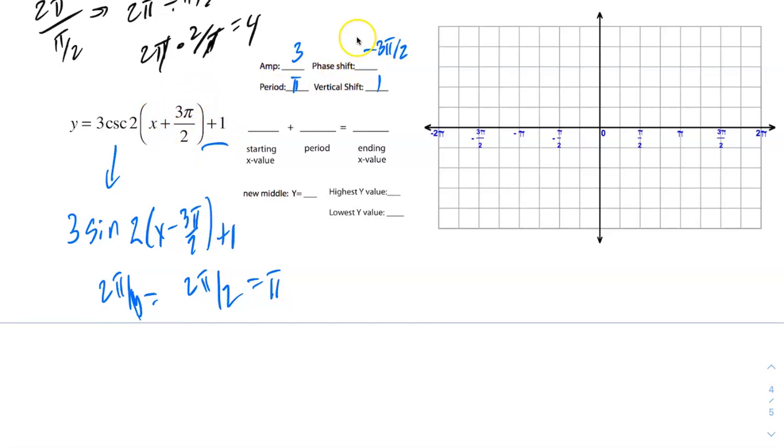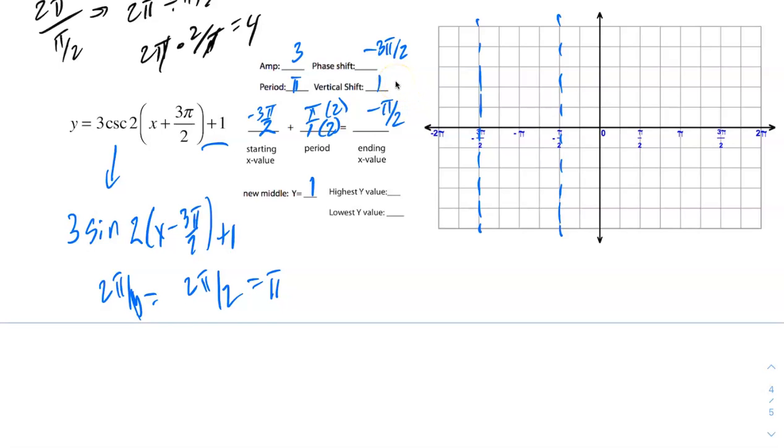My starting value is my phase shift, negative 3 pi over 2. So where we start, starting all the way over here. I'm going to add my period, which is pi. So common denominator, I would like to do over 1. So I get negative pi over 2, right here. My middle is 1, so that's my new middle.